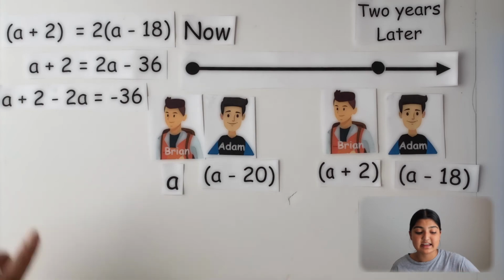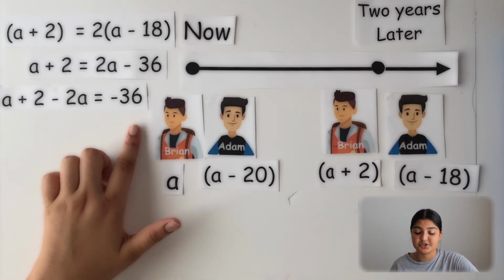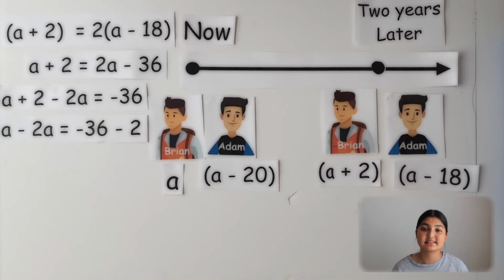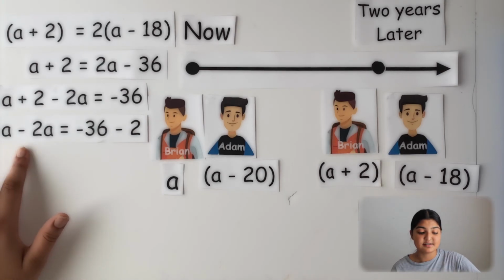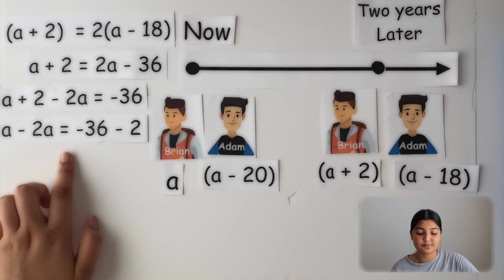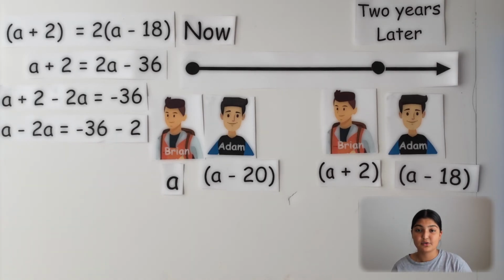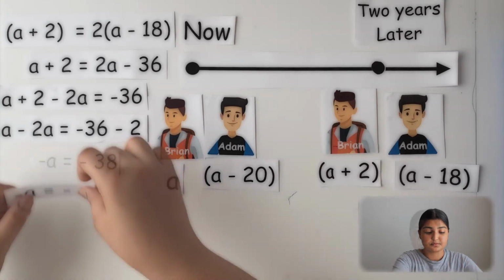Now let's take positive 2 to this side of the equation. Next, let's simplify both sides of the equation. A minus 2A is negative A, which is equal to negative 36 minus 2, which is negative 38.